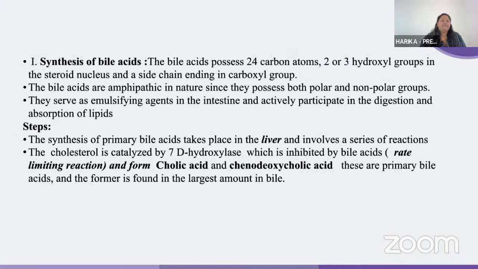Cholesterol first comes into the synthesis of bile acids. Bile acids generally possess 24 carbon atoms and 2 or 3 hydroxyl groups in the steroid nucleus, and their side chain ends in a carboxyl group.